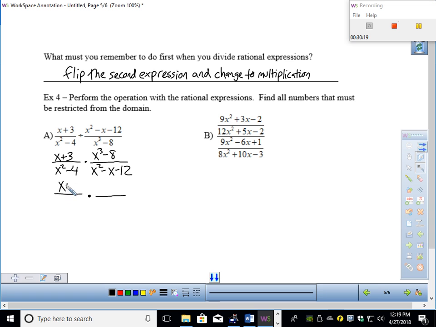As I go ahead to look and factor this, obviously x plus 3 doesn't factor. Difference of two squares on the bottom. Hopefully, again, you're starting to see the idea and getting quicker and quicker with the factoring. This is a good one right here, everybody, x cubed minus 8. So that's what's called a difference of two cubes.